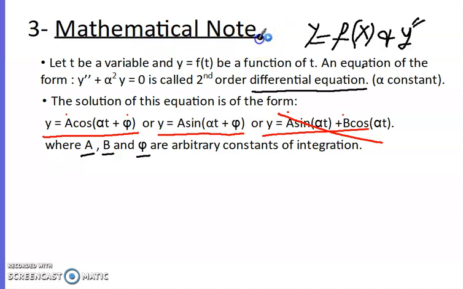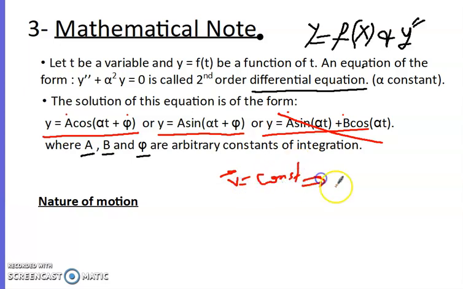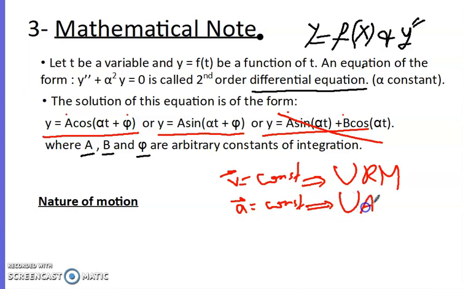So, nature of motion. You know that we studied in first secondary and in second secondary that when the velocity is constant, we get uniform rectilinear motion. And you know also when the acceleration is constant and the trajectory is a straight line, we get uniformly accelerated or decelerated rectilinear motion.